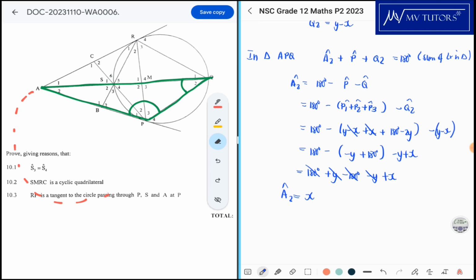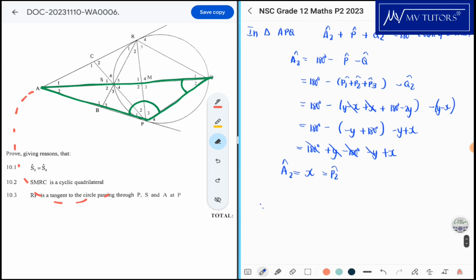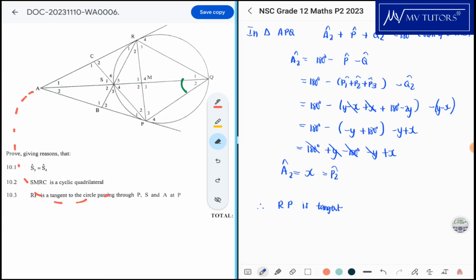Because A2 is equal to X, we know that it's equal to P2. Then we can conclude and say, therefore, RP is indeed a tangent passing through P, S, and A at P. We say that because A2 is equal to P2.